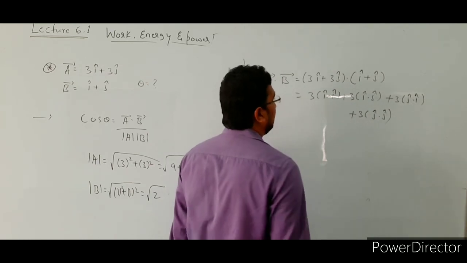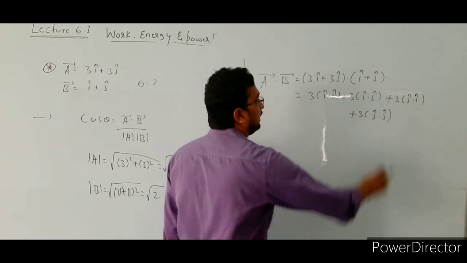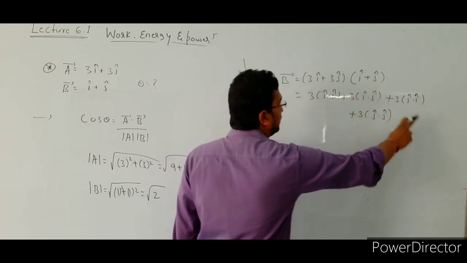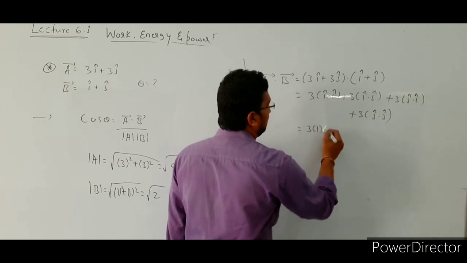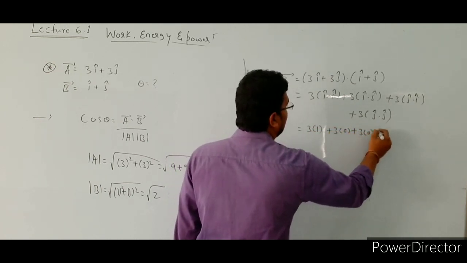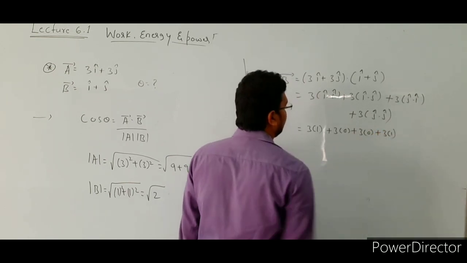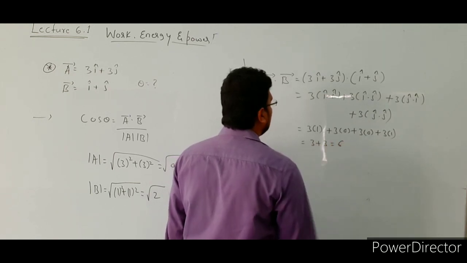So already we know that i cap dot i cap value is 1, j cap dot j cap value is 1, i cap dot j cap is equal to 0, j cap dot i cap is equal to 0. So this is 3 into 1 plus 3 into 0 plus 3 into 0 plus 3 into 1. This is equal to 3 plus 3, that is equal to 6.